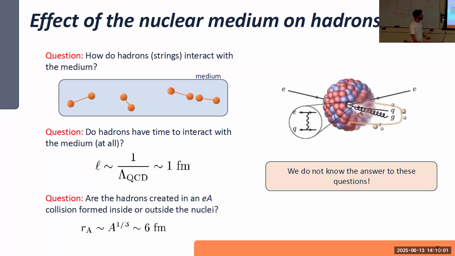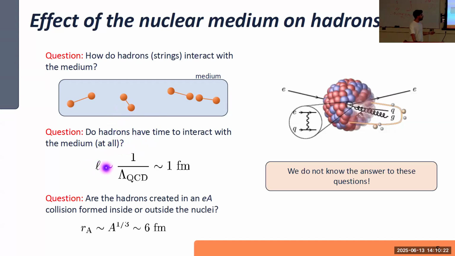That will be important. Now, if we scale this up to the EIC, meaning electron-ion collisions, we can ask ourselves the following questions. How will hadrons or strings interact with the medium? The medium is much larger than a single proton.